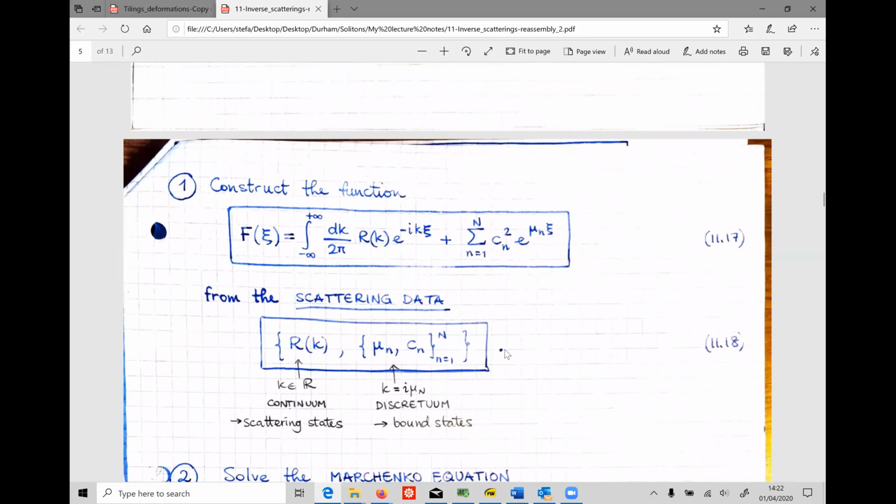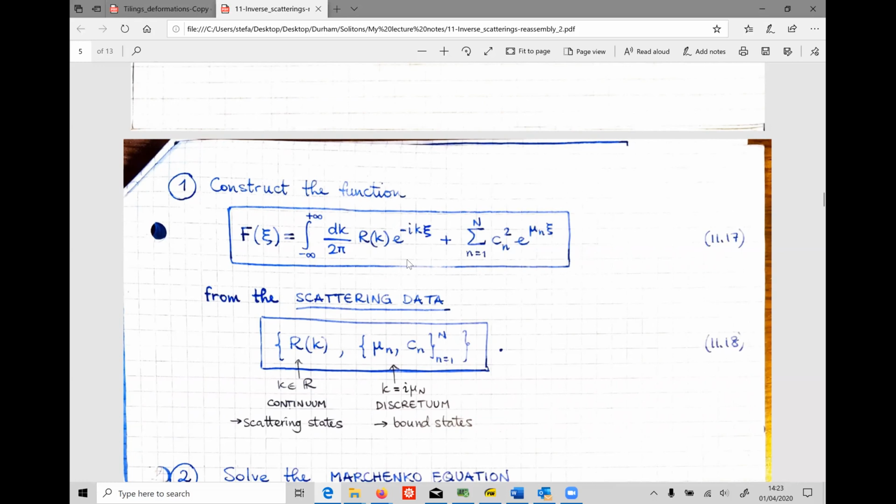Given the scattering data, which consists of the reflection coefficient for the continuum or scattering states, and of the eigenvalues mu n and the coefficient Cn for the asymptotic at minus infinity for the discrete part of the spectrum and bound states, we can construct a function capital F of an auxiliary variable xi as in equation 11.17. So we see that there are essentially 2 types of contributions to the right-hand side.